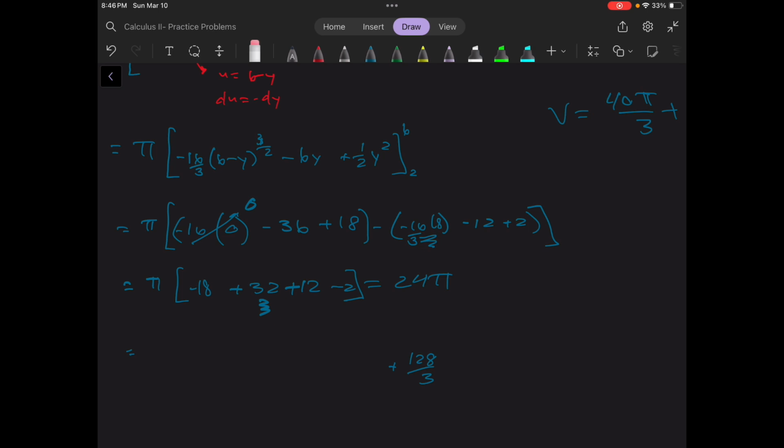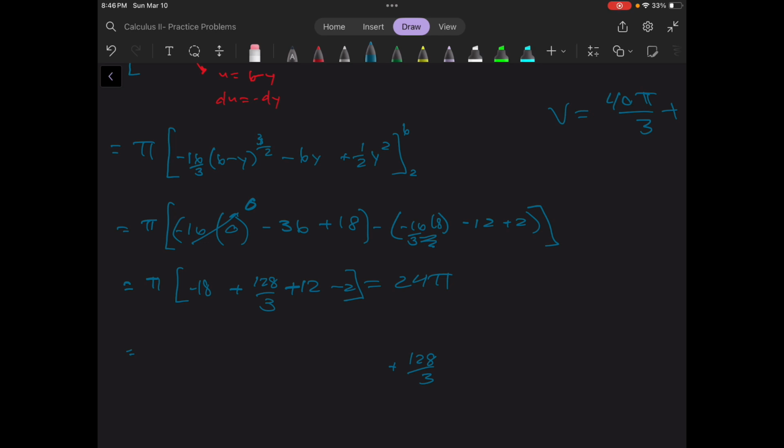So instead of a 32, that should have been a 128 thirds, and that would affect the answer. It would be 128 divided by 3 plus 12 minus 18 minus 2.